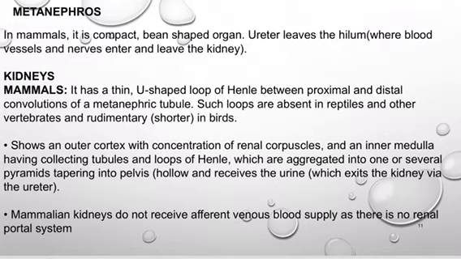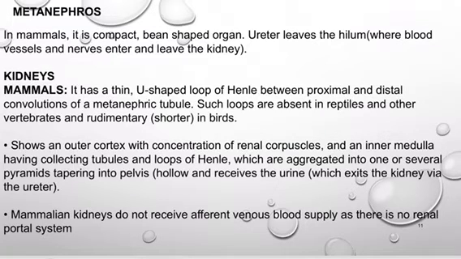Don't forget that in mammals, the kidney has a thin U-shaped loop of Henle that extends between the proximal and distal convolutions of the metanephric tubule. These loops are absent in reptiles and other vertebrates, and the loop of Henle is rudimentary and quite short in birds.